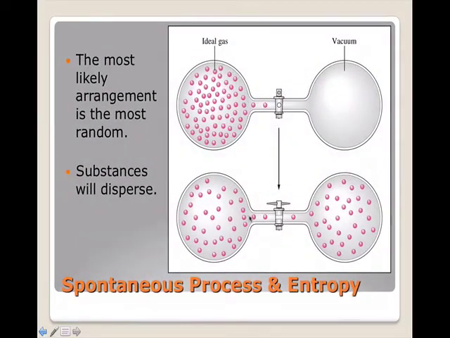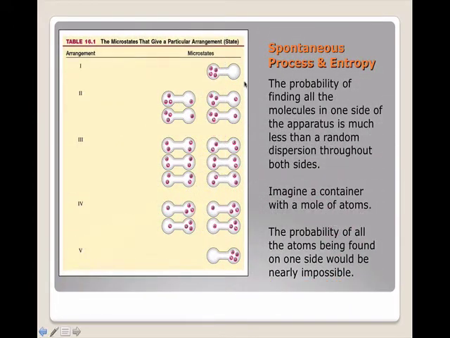So if we look at a gas here, the most likely arrangement is the most random. That means when I open this valve in the middle between these two bulbs, the ideal gas is not going to stay here, it's going to disperse. And that's because this arrangement has a greater probability of happening than this single arrangement right here. And we can see that even farther in this diagram.